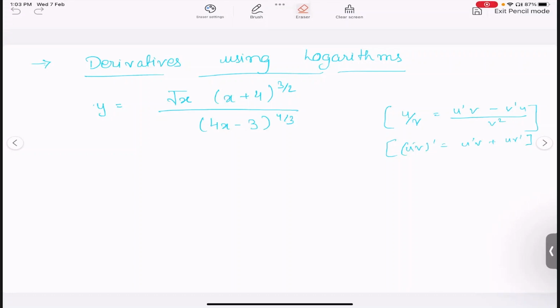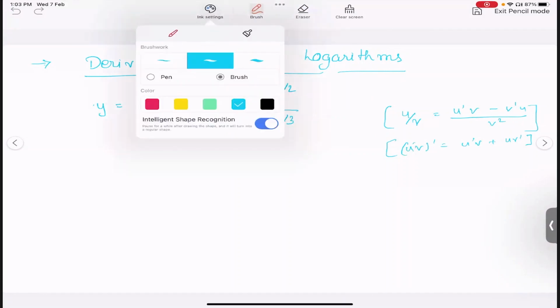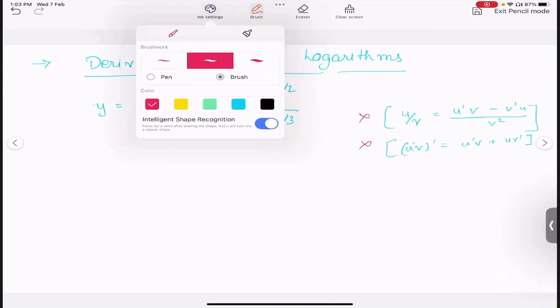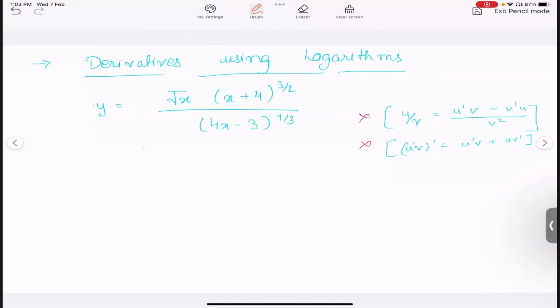So what we do in this case is take log on both the sides, and we don't use this thing.